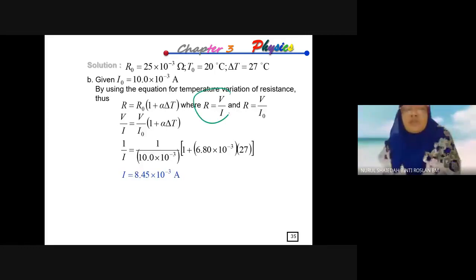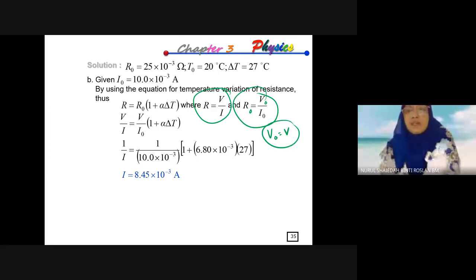Yang ini untuk final, yang ini untuk initial, not. Okay, R equals to V over I lah. Disebabkan V not sama dengan V, so that's why dia boleh buat V je lah.